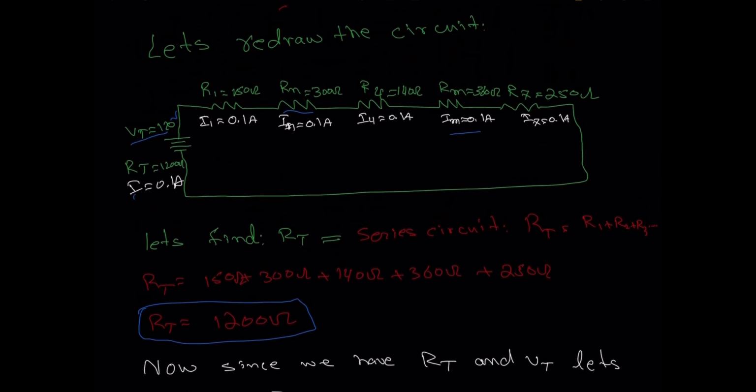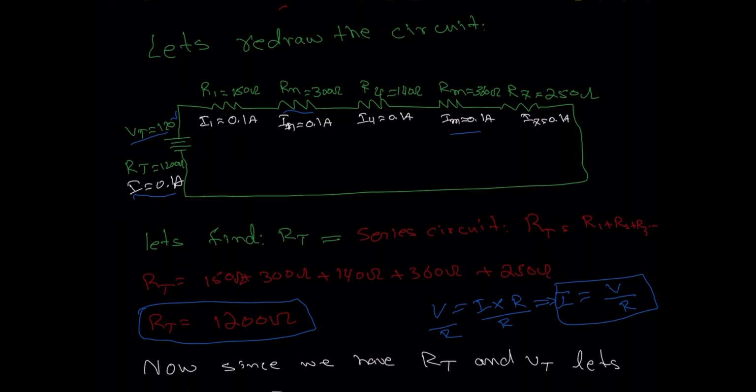We find 0.1 amp through this formula, which is Ohm's law: V is equal to I times R. If we want to find I, we divide both sides by R. I will be equal to V over R. That is the current formula when we have voltage and resistance.